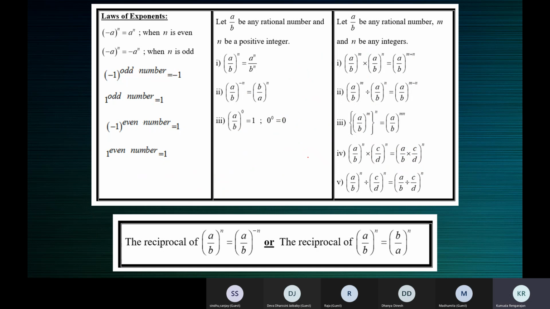So again, the last one is when the bases are different and it's division with the same power. You can put the two bases in the same bracket, a by b and c by d, and since it's division, a by b divided by c by d, and raise it to the same power n.